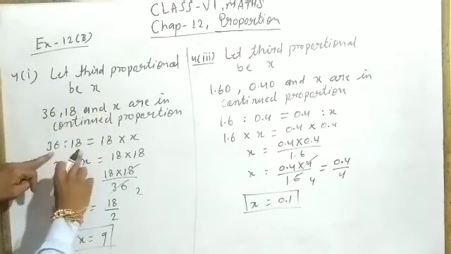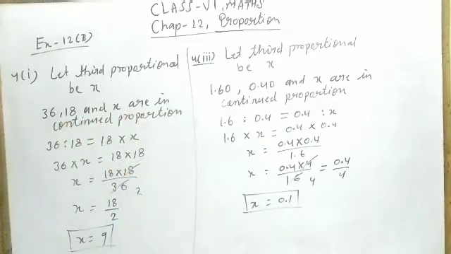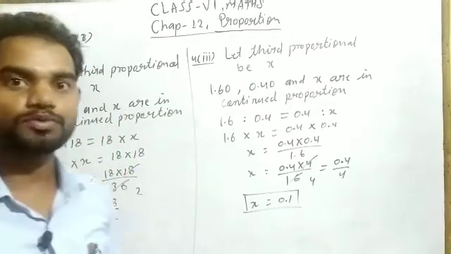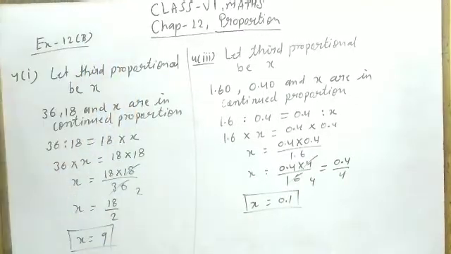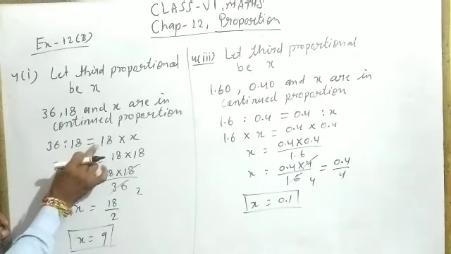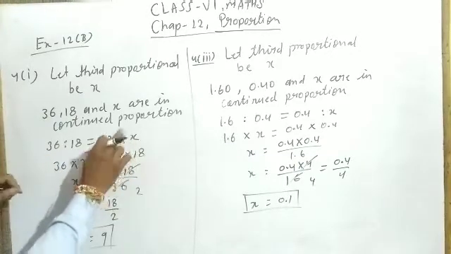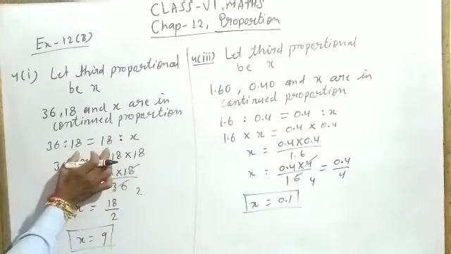So first, second, third will be x there, and these are in continued proportion, and the property of continued proportion tells us that one term will be repeated there. That will be the middle term. So 36 ratio 18 equals 18 ratio x. Then this middle term will be repeated there.